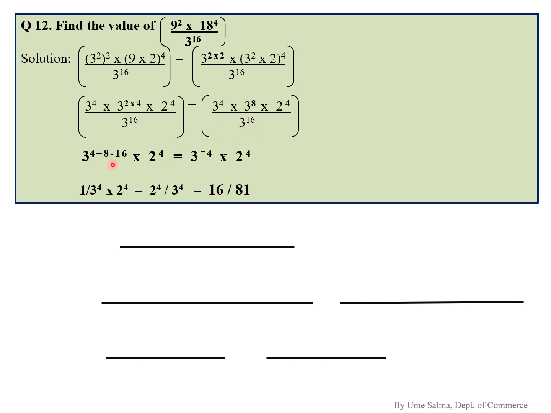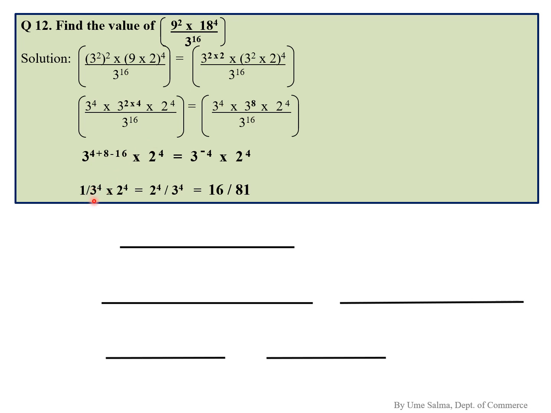Now when you solve this 4 plus 8 minus 16, you get 3 to the power minus 4 into 2 to the power 4. This 3 to the power minus 4 can also be written as 1 by 3 to the power 4. We are taking this minus 4 to the denominator, and it gets converted to plus 4, as 1 by 3 to the power plus 4, into 2 to the power 4.